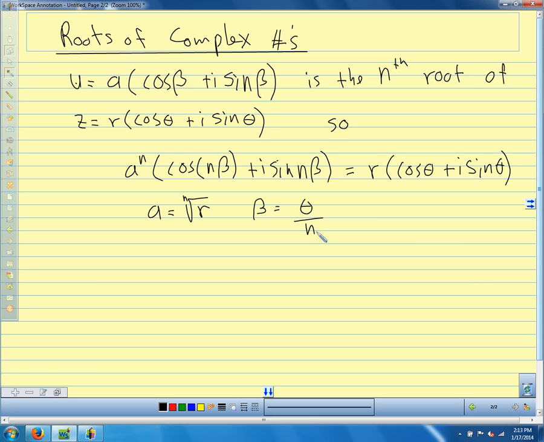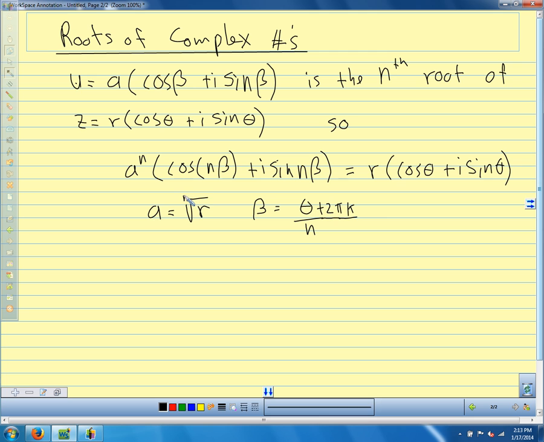We have to be a little bit careful here because it could be theta or any of its coterminal angles. Any of the coterminal angles are going to give us the same complex number. So just like we did when we talked about the unit circle, I'm going to say theta plus 2 pi k over n.